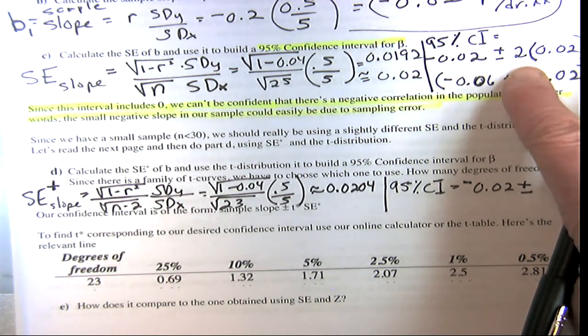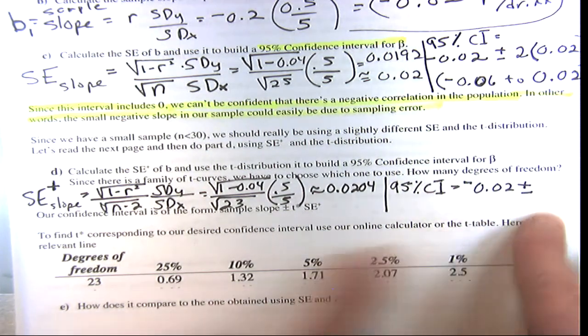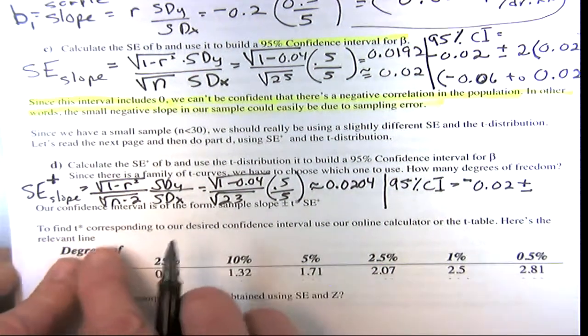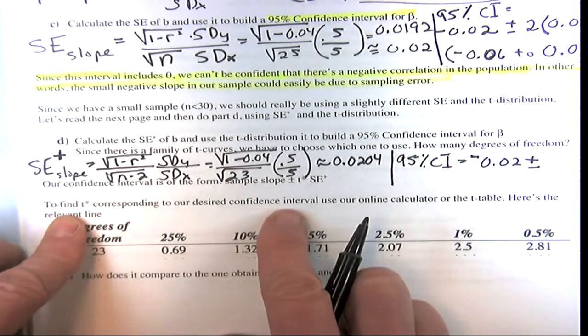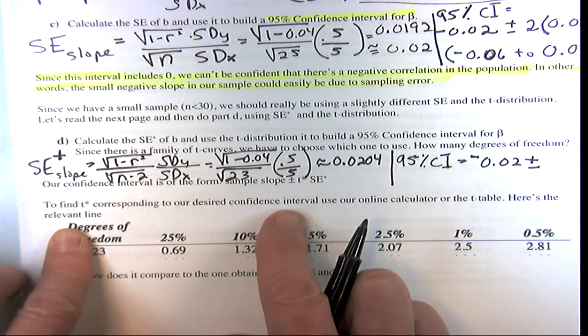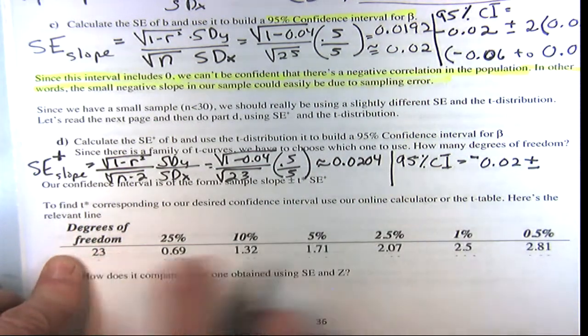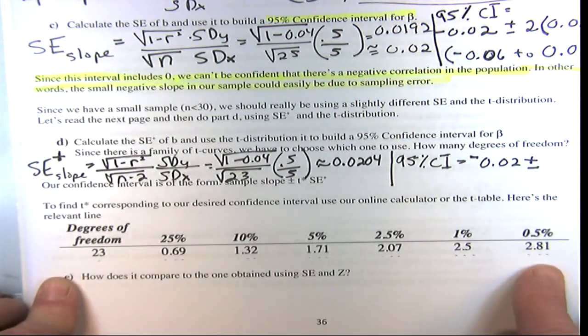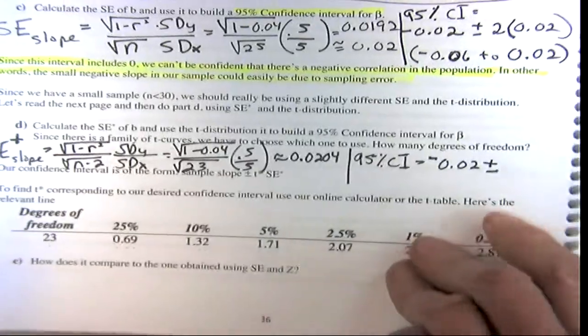The critical value of t, corresponding to 95% in the middle. To find that critical value of t corresponding to 95% in the middle, we could use our online calculator or this t-table. Here's the relevant line from it, but let's first look to see where I got it from so you can see the picture.